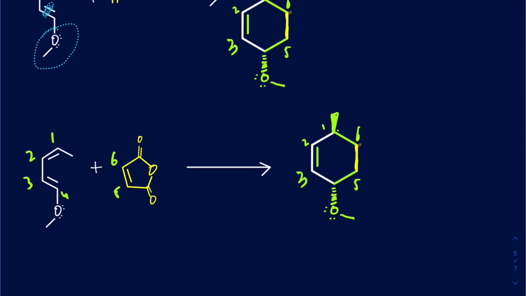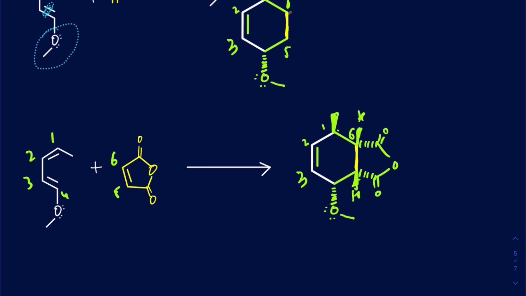So I'm going to have this as an endo form, so that means they will be going back into the page like this. All right, and that would be making the remaining groups on that 5 and 6 come out of the page, and that leaves you actually with only hydrogens there. So your hydrogens would be coming out of the page.